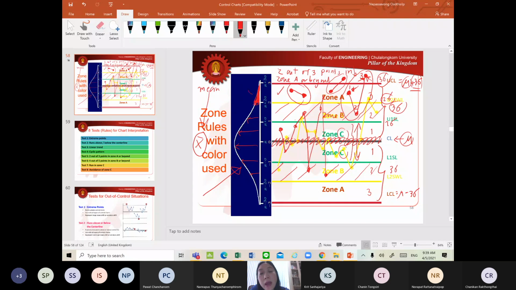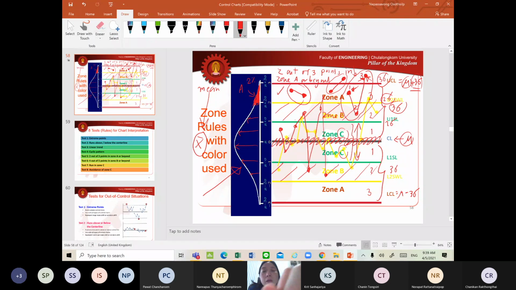For example, in zone A the probability is pretty low, because the probability is shown by the area under the curve. Remember that? Because the density is small, the probability is small also. And then you have a very unlikely chance to see a point in zone A. If you refer to the normal distribution probability, the chance that you see a point in zone A is only 2%.